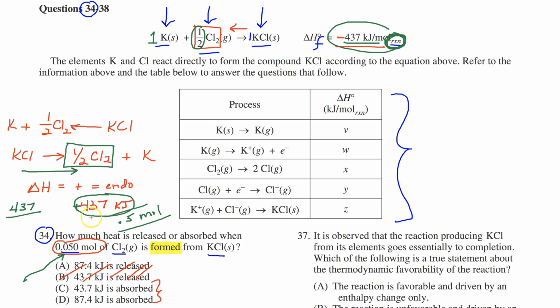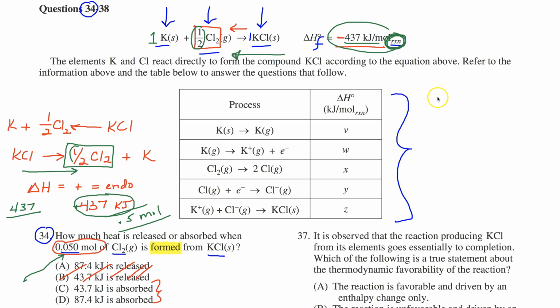Now, the key here is it's 437 per 1/2 mole already. That 1/2 is telling you this is the energy per 1/2 mole already. If we wanted per mole, we'd have to double it. But they want it per 0.05 mole, which is essentially 1/10 of this. So all I have to do to this number is make it 1/10 smaller.